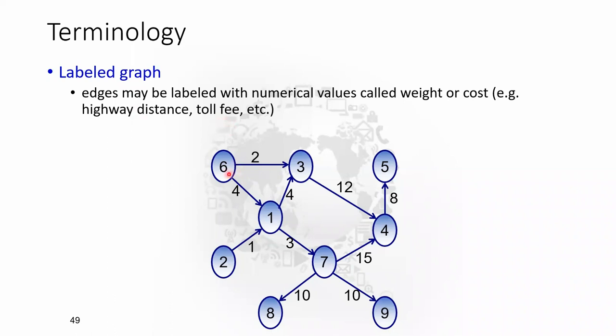Let's say you go from destination 6 to 3, then you need to pay 2 ringgit. So let's say you go from 6 to 4. How much do you need to pay? You can choose different routes. You can go from 6 to 3, then to 4, or you can choose from 6 to 1, then to 7, then to 15. It's your choice. It depends on whether you want to choose the shortest distance or the toll-free route.